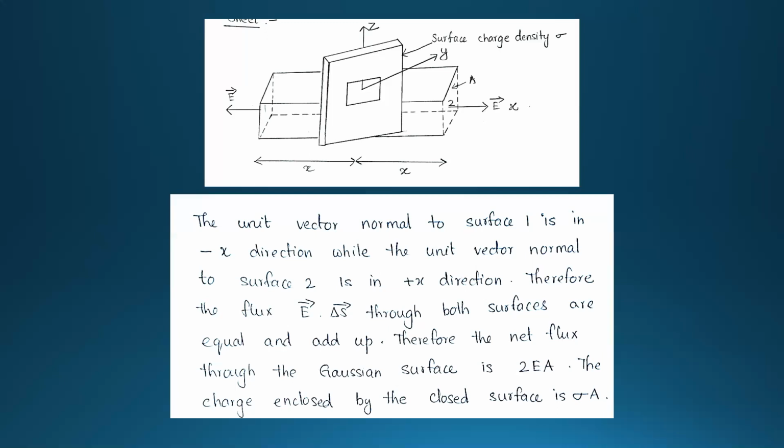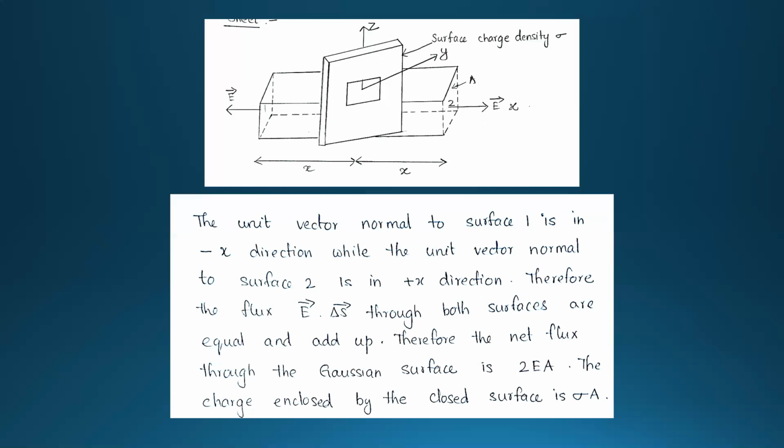Therefore, for A units of area, that is sigma into A. Once again, I repeat, sigma is for 1 unit of area. Therefore, for A units of area, the charge is sigma into A.